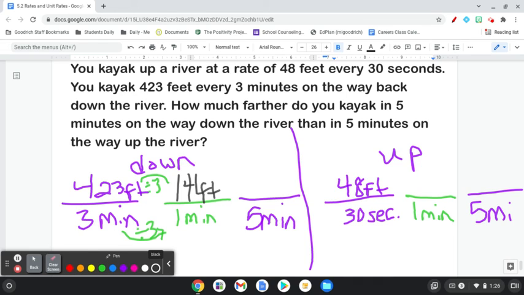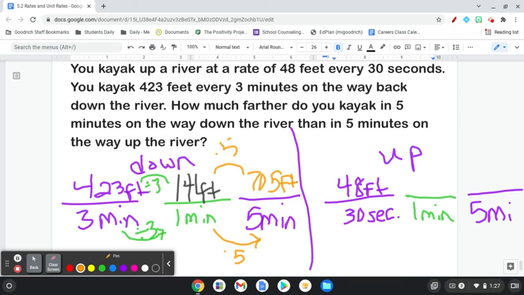Then I need to grow this up to 5 minutes by timesing by 5. So I've got to times that one by 5 as well. 141 feet times 5 gives us 705 feet per 5 minutes on the way down.